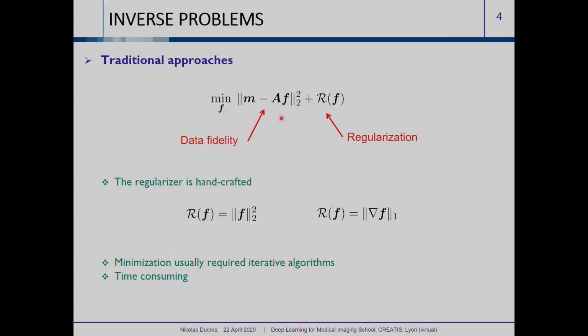Okay. To avoid that, we add a second term to the cost function. This is this regularization term, and we try to design it to be small when the image satisfies some prior condition. So here we incorporate our prior knowledge about the solution.